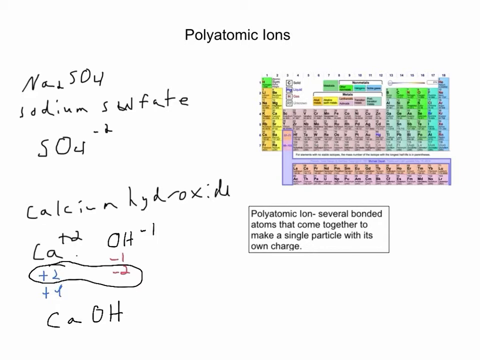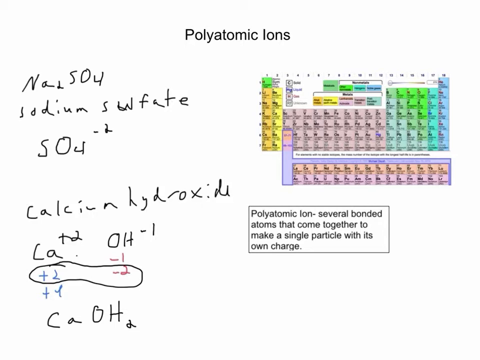If I put my 2 right here, I end up with a problem because this says in my compound I have 1 calcium, 1 oxygen, and 2 hydrogens. But that's not what I needed to do. I needed to say I have 2 hydroxides in my compound.